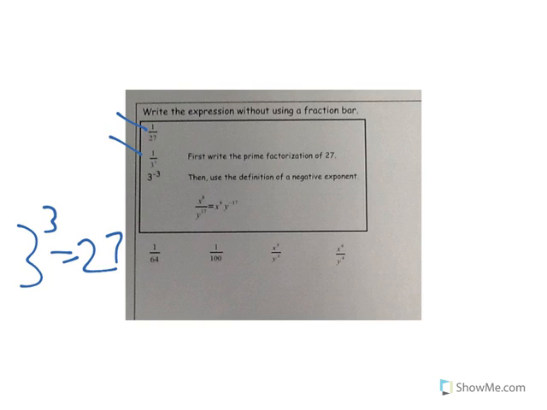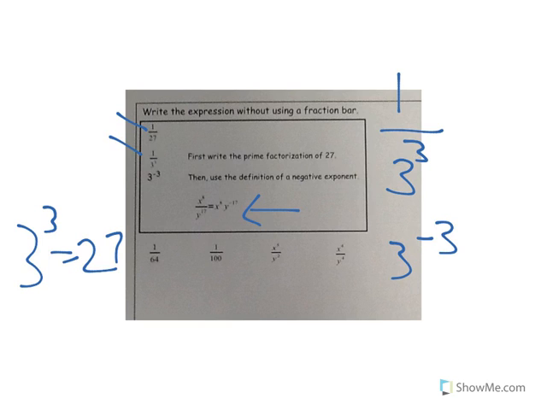So you could go ahead and do the prime factorization for this, and you would realize that it's 3 to the third power on the bottom there. And then what you do is you can just change it into a negative 3, because 1 over 3 to the third power is the same as 3 to the negative 3.